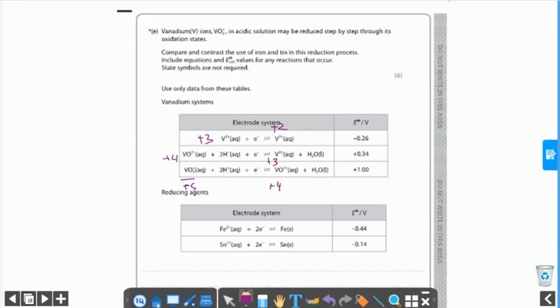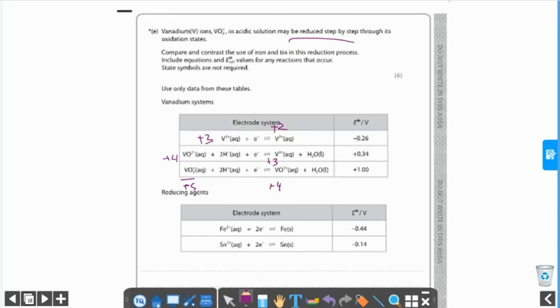And for these reductions, it says it can be reduced step by step. So you have to use oxidizing agents. Now we have to analyze one by one whether tin or iron is better by writing the half equations. The vanadium should be written as reductions. The iron and tin should be written as oxidation. So we have to write one by one and see which is the best.